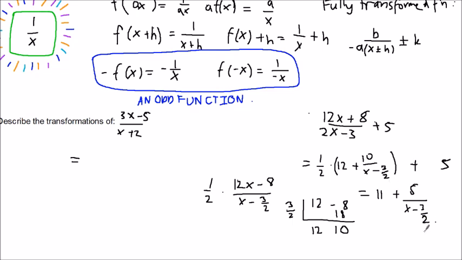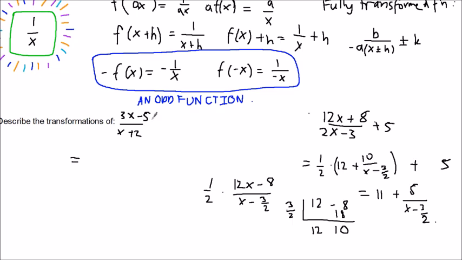That's your function. You might get this, you might not get this. You could put the 1/2 outside and get the 10, but b over minus a is normally a vertical stretch just by itself. So this would be shift up 11, vertically stretch by 5, and then move to the right by 3/2.